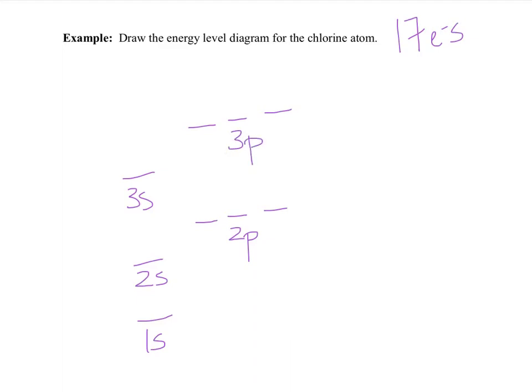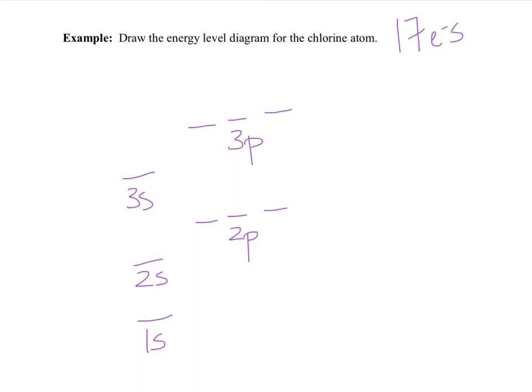Notice that the 1s has only one line for its one orbital, but p has 3 lines for its 3 suborbitals. We also draw it according to the Aufbau diagram where the s's are in one column, the p's are in another column, and so on. So even though they go up, just to have it nicely organized, we'll keep each letter in its own column.